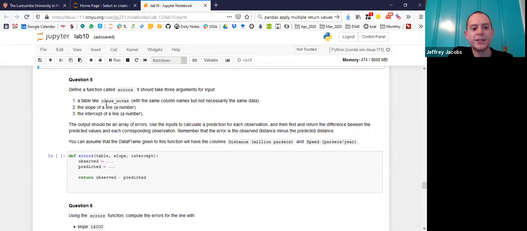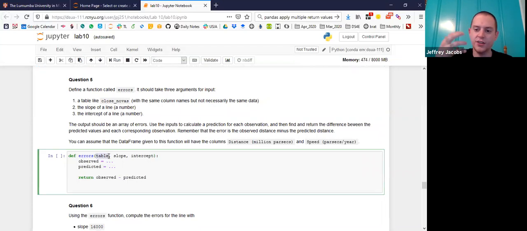So we have a table like close novas, and we have the slope and the intercept of a best fit line, right? And so given a data frame and a slope and an intercept, which gives us a line, essentially, even though it's 3 arguments, just think of it as having a table of actual observations, and then you have a line, and you're trying to see how good this line does, right?